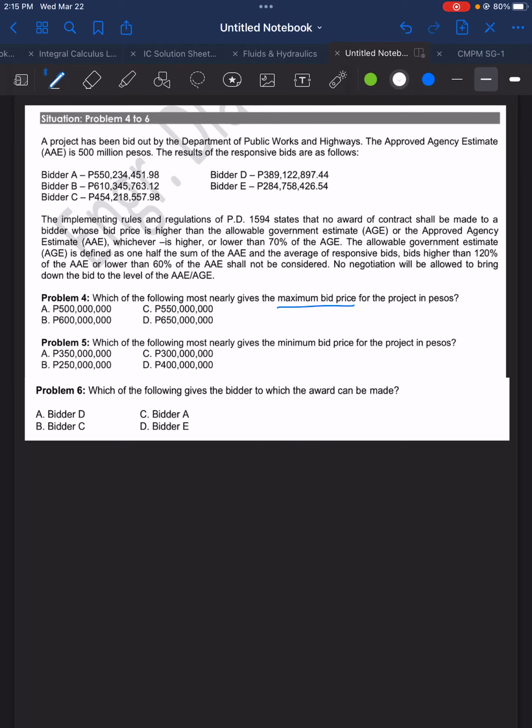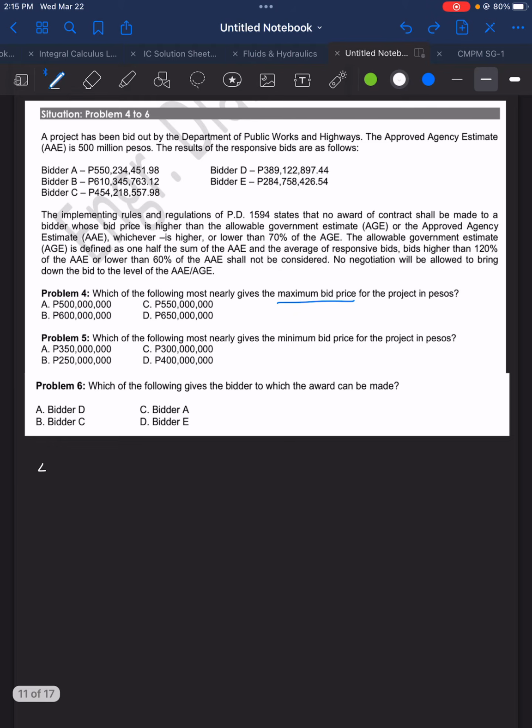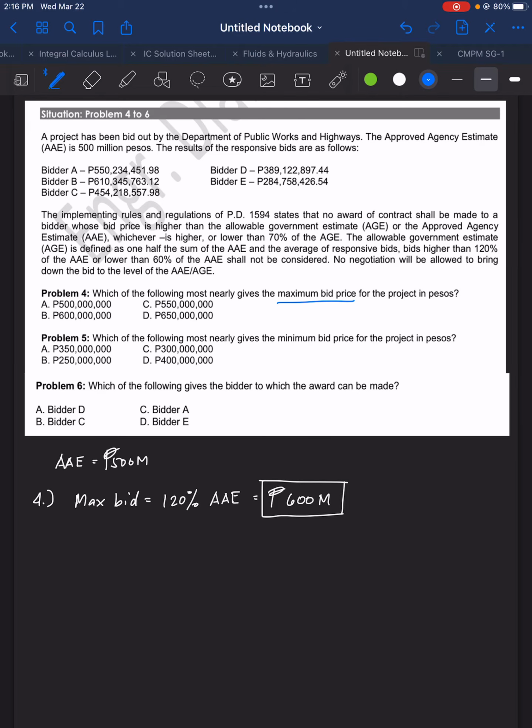So AAE is 500 million pesos. Therefore, for number 4, the maximum bid is equal to 120% of AAE, and that is equal to 600 million pesos. Now from the choices, that is letter B.